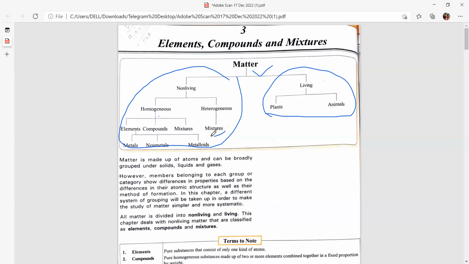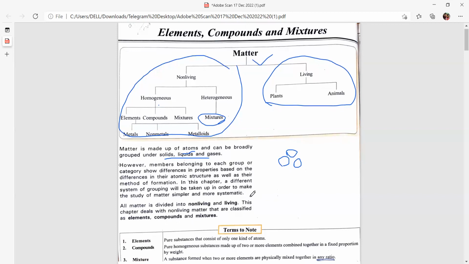And in heterogeneous, we have only mixtures. So what is matter? Made up of atoms, it can be broadly grouped into solid, liquid, and gases. Matter is made up of teeny particles called atoms. Small atoms make your matter.